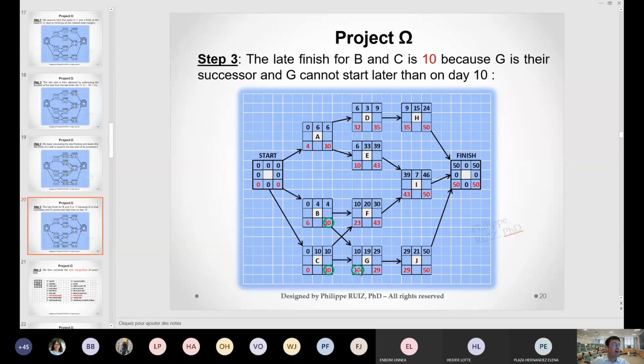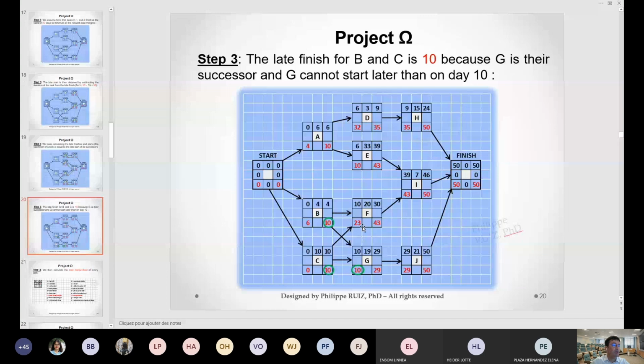So you can see that this time the lower value of the two is the one constraining the predecessors. In the other direction, if you remember, it was the highest value. When we go backward, it's the lowest value. That we'll see again. So the value of 10 here will be put here and here.